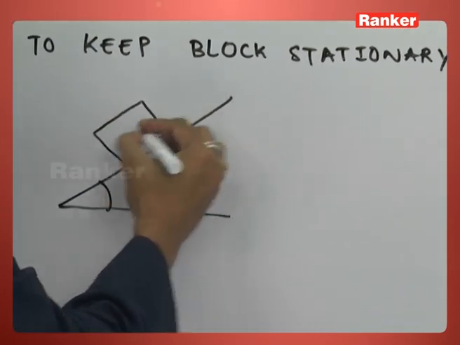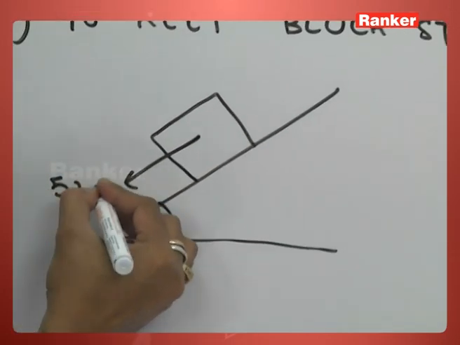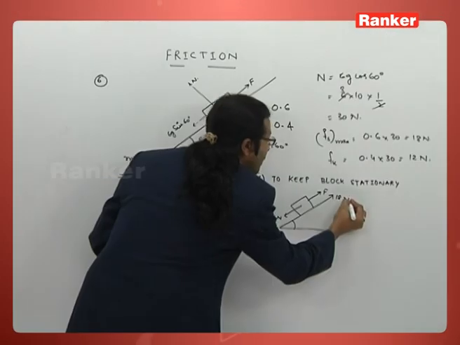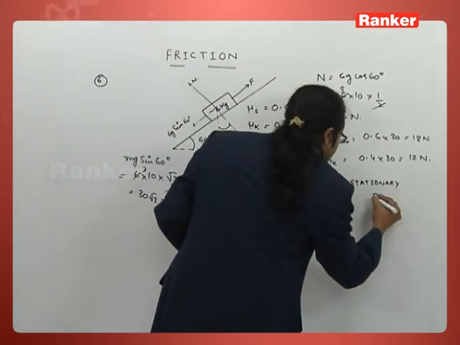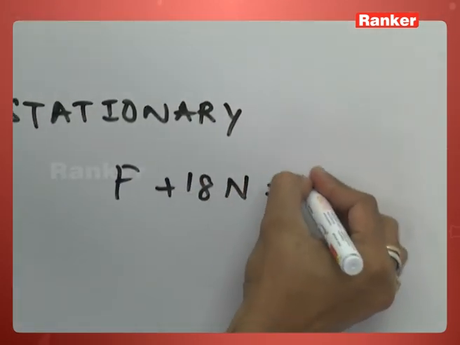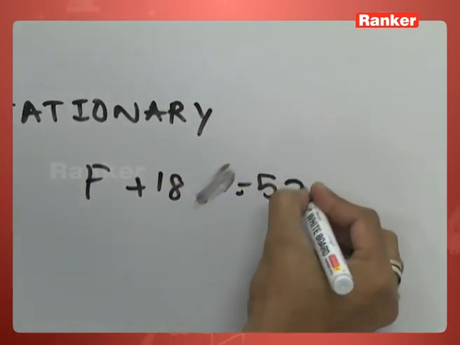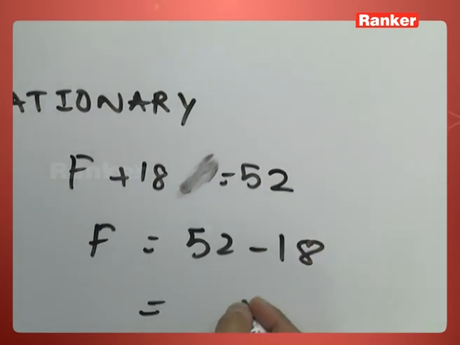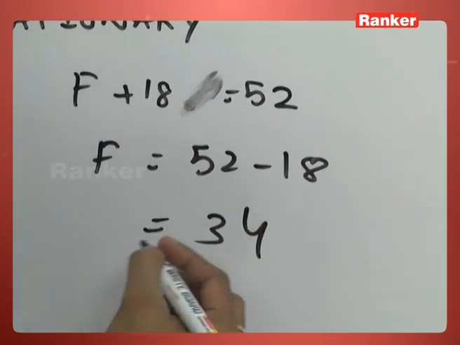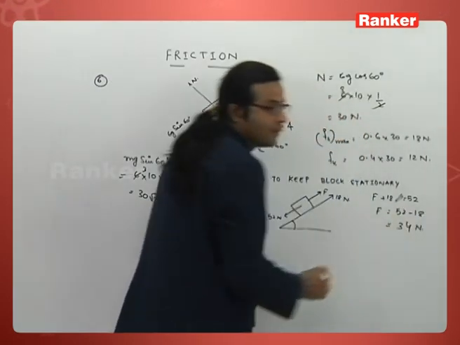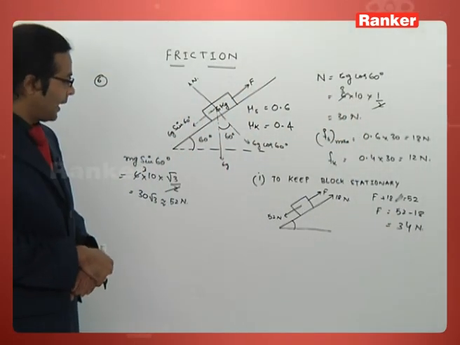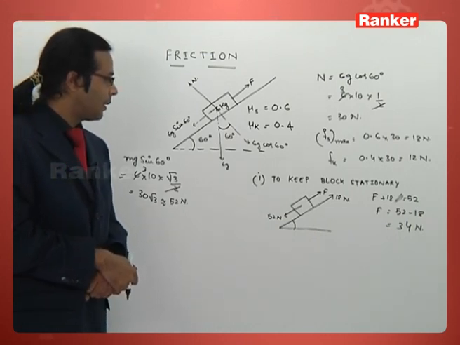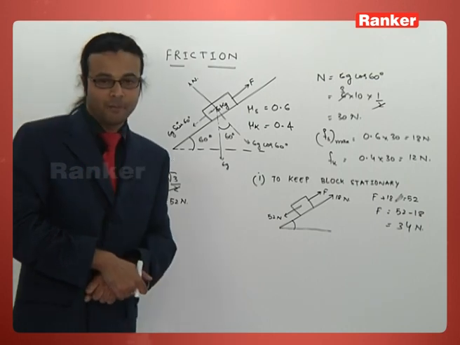Downward is 52, here is F, and here I take 18 Newton. So F plus 18 equals 52, or F is equal to 52 minus 18. So to keep the block stationary, the required force is 34 Newton, which is bit A.